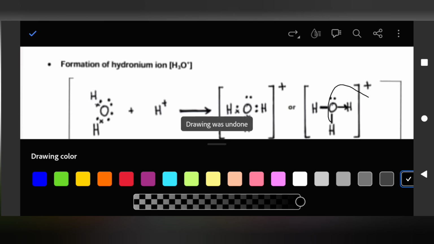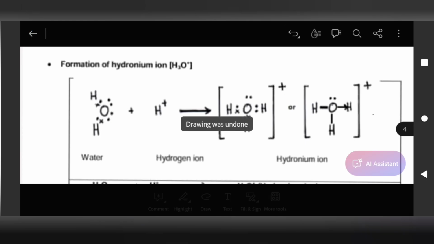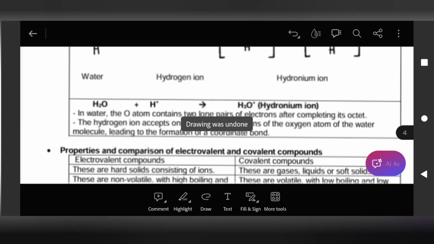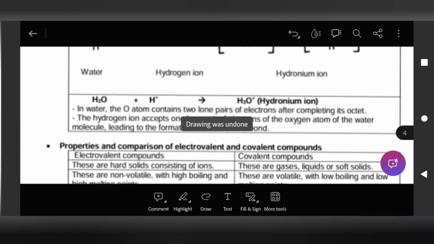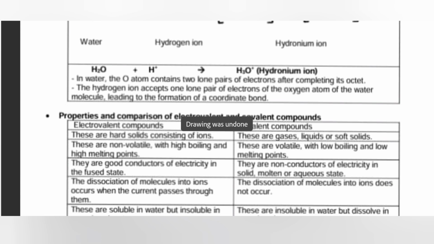As you can see, there is an arrow from O to H, which indicates the lone pair. So the next one is H2O plus H+ gives H3O+, the hydronium ion.